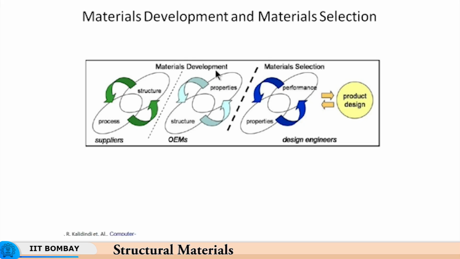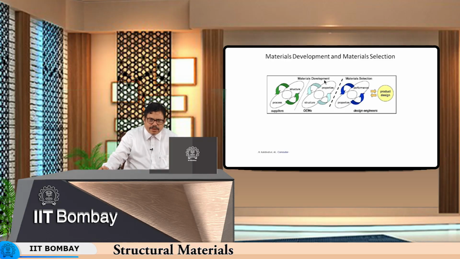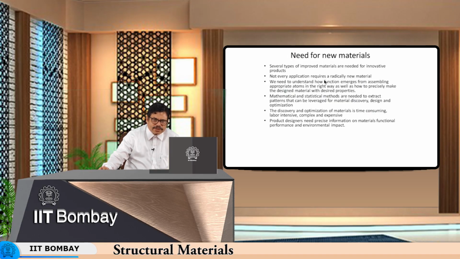For example, you want to make a car body, for instance, you would select the material, whether it should be aluminum or steel or a hybrid or multi material construction, and then correspondingly decide on the properties and the corresponding structure and the process. So, basically these are the steps which we take in material development and selection.